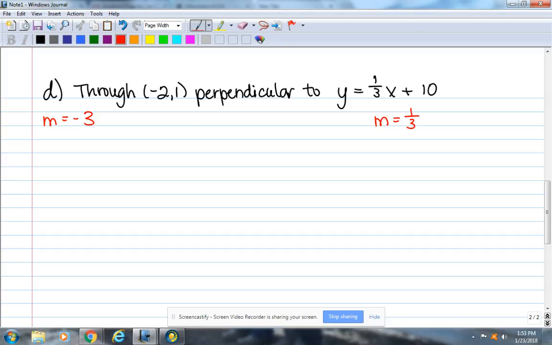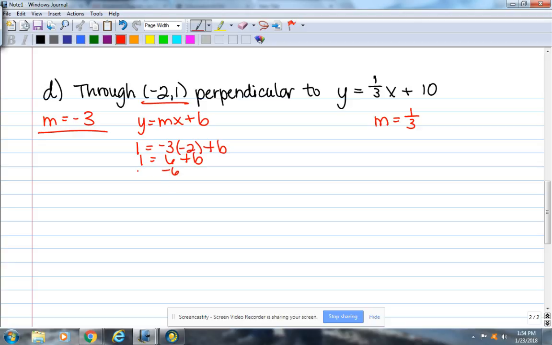And we had to simplify that one. So same thing, we're going to use this point, this slope, and plug them into y equals mx plus b. So what's going in for y? One. And what goes in for x? -2. What's -3 times -2? 6.